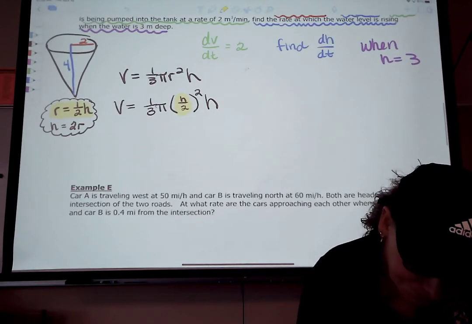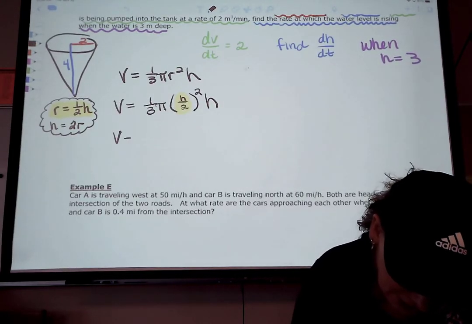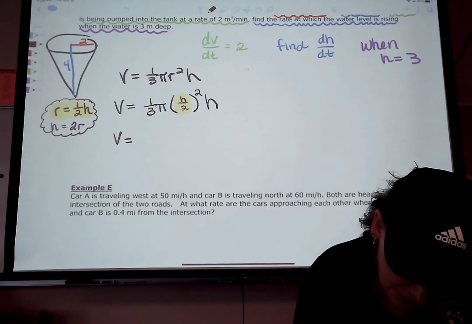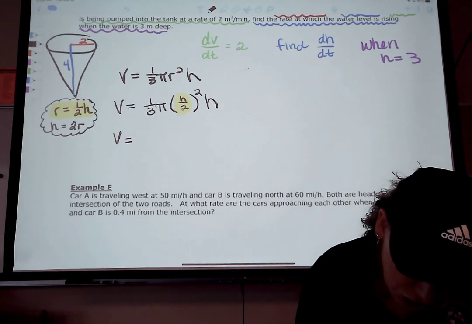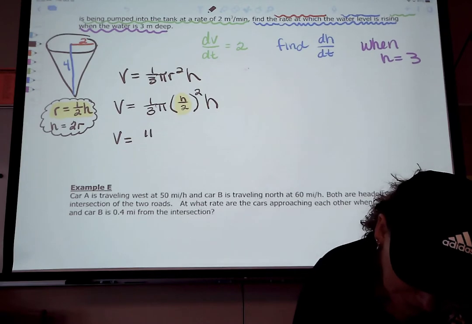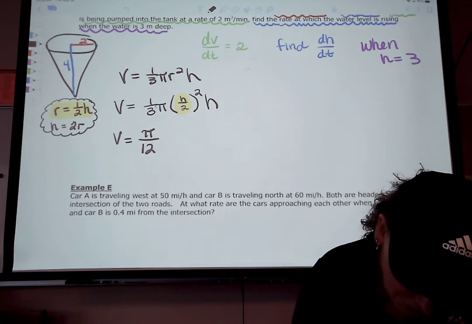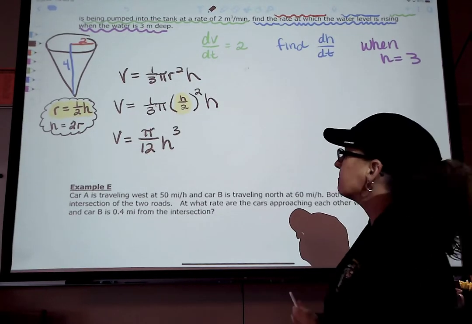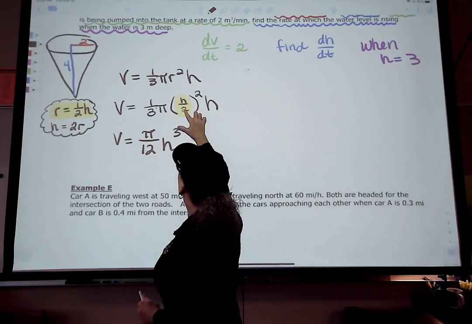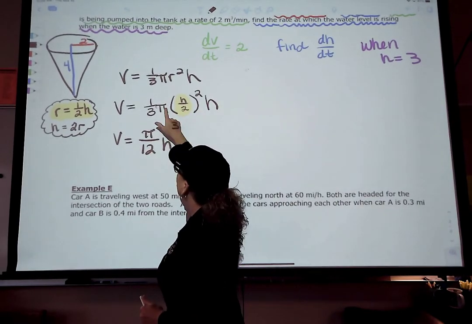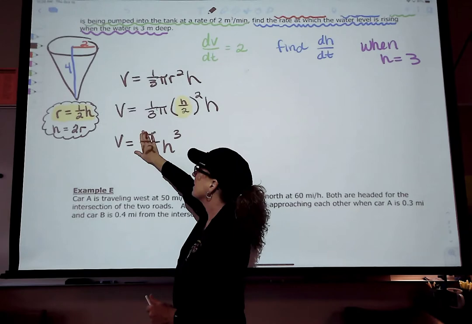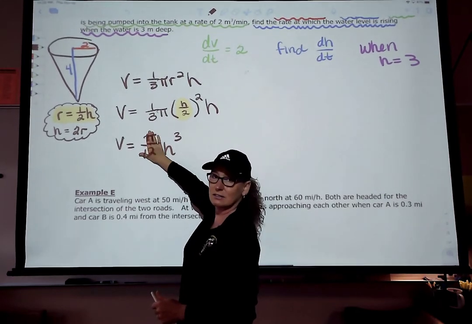So I've got V equals, let's see, that ends up being H cubed. So I've got pi over 12 H cubed. Is that right? That becomes a 4 on the bottom. That's a 3. That's a 12. I stuck my pi up there just because that's all a constant.